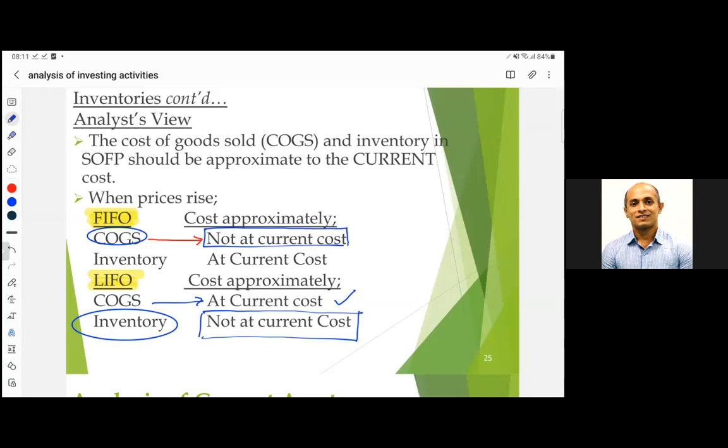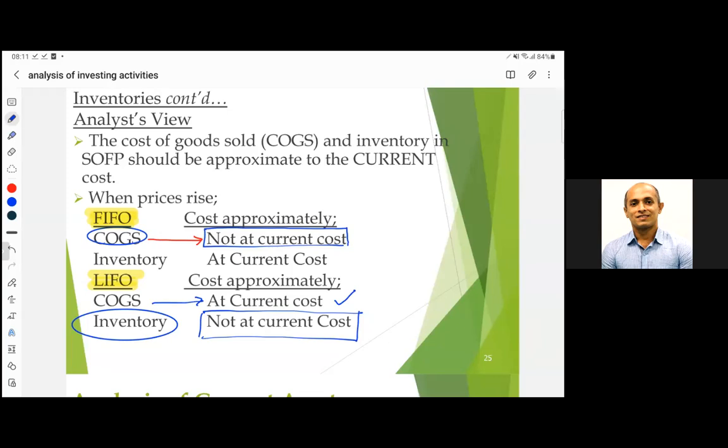Before starting the analysis, you have to make the financial statement suitable for the analysis.